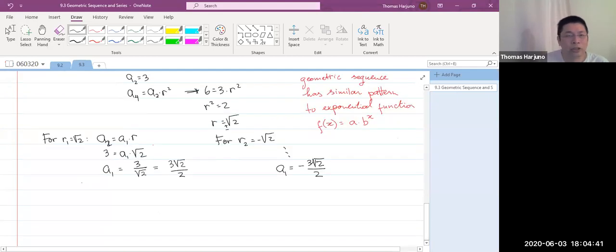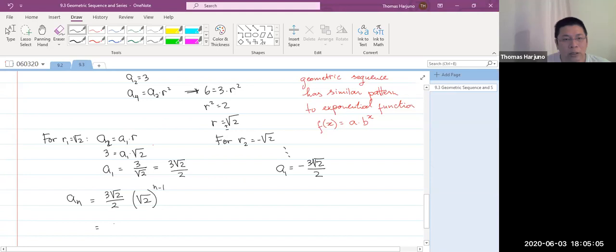Such that the general term a sub n, in this case, will be the first term 3 radical 2 over 2 times radical 2 to the n minus 1. Which we can actually simplify a bit further.